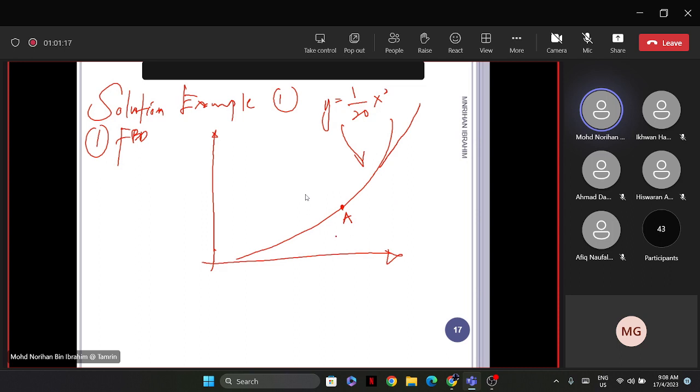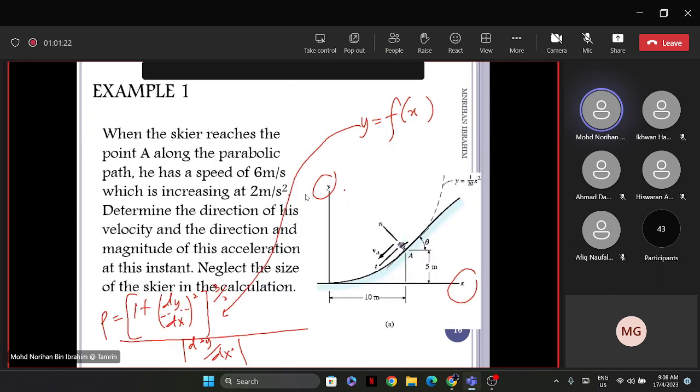And at A, it has the velocity of 6 meter per second.